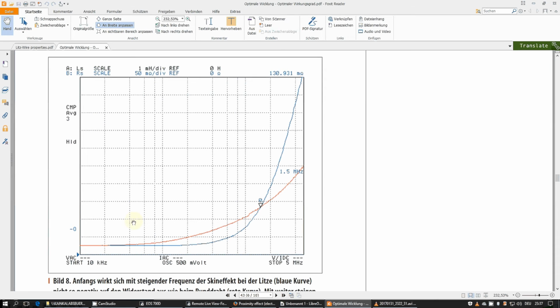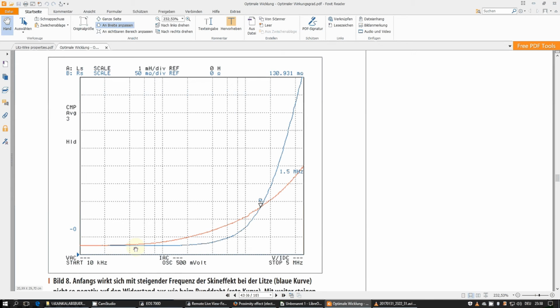And now let's take a look. Of course, both curves start equally. They have the same resistance, because at 10 kilohertz the skin and proximity effects play no role, and the resistance is equal to the DC resistance.